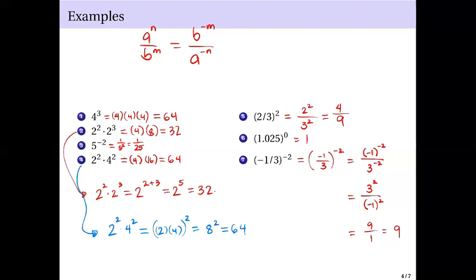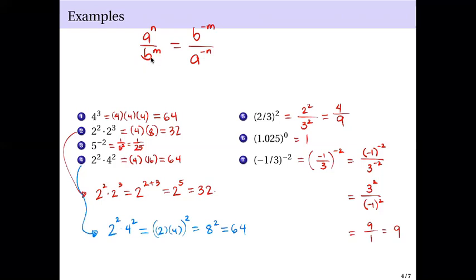So just remember, when you bring one power from the numerator to the denominator or from the denominator to the numerator, you change the sign of the exponent. In this case, you have positive n, you bring it to the denominator, it becomes negative m.